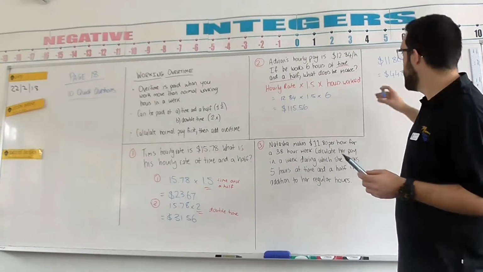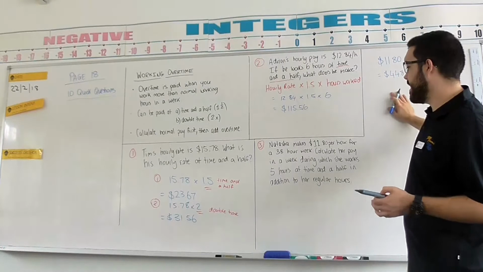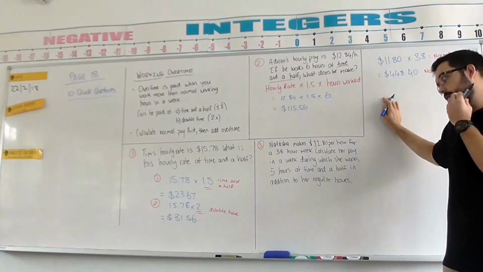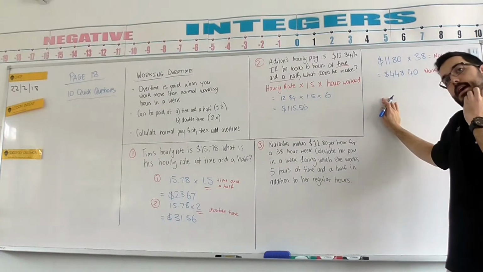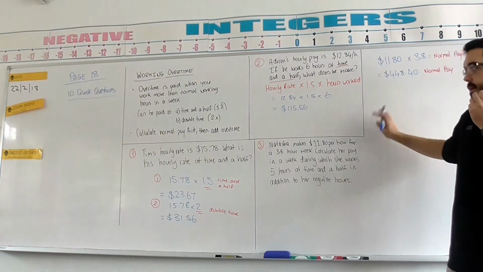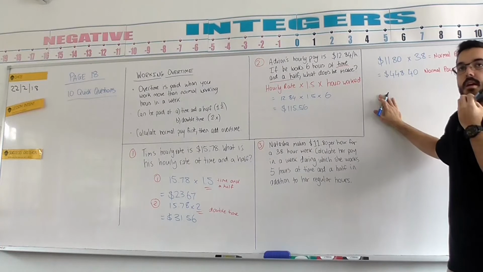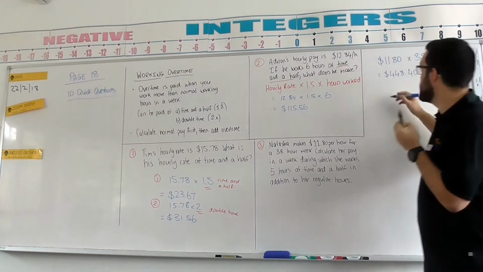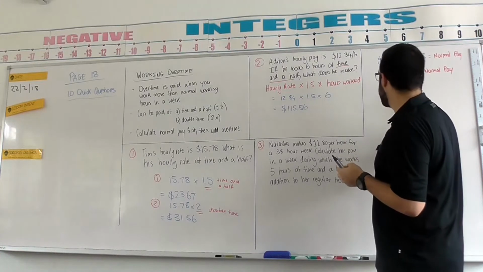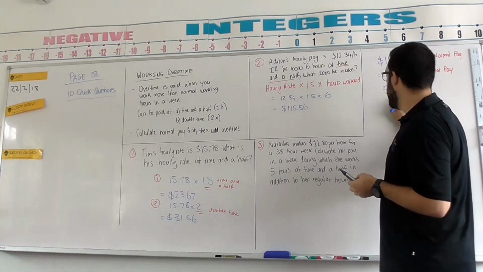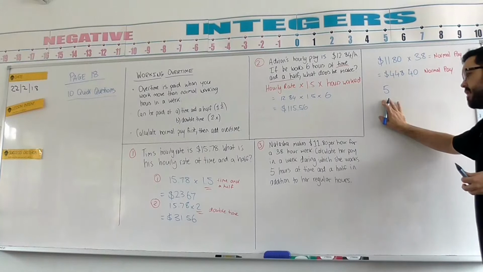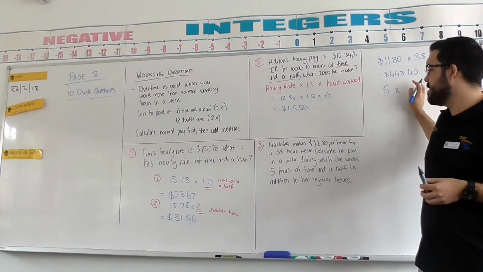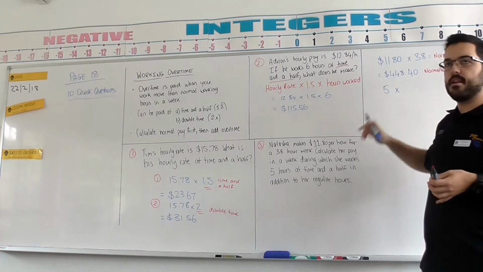Now we have to add her overtime. How are we calculating overtime? How much overtime has Natasha worked? 5 hours. And what's she getting for working that 5 hours of overtime?